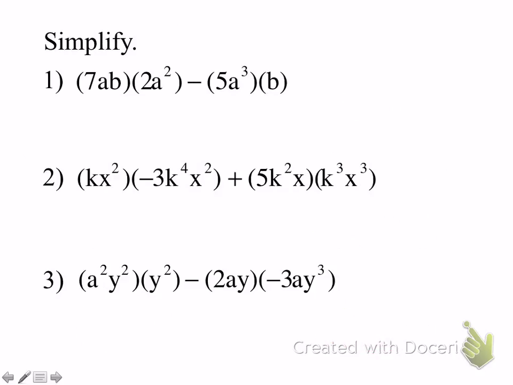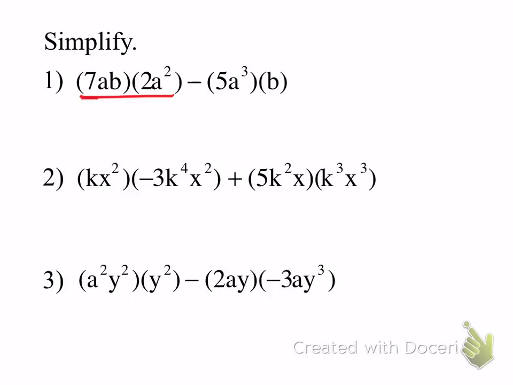All right, now it gets a little bit more complicated. When we're adding and subtracting terms, first thing you want to do is simplify each side of the subtraction or addition sign. So over here, what does this simplify to, this side that I just underlined? How about Moreno? It's 7 a to the 3rd power.